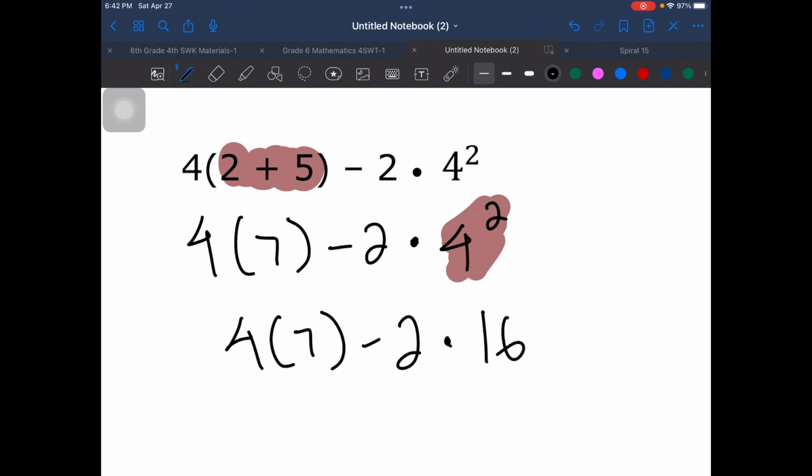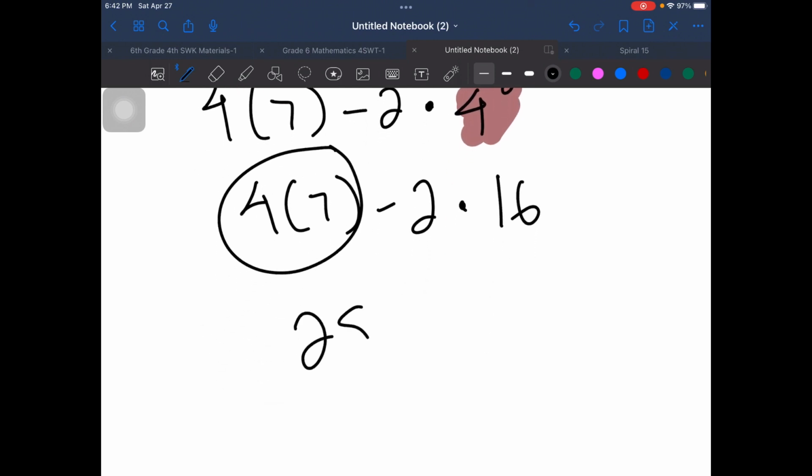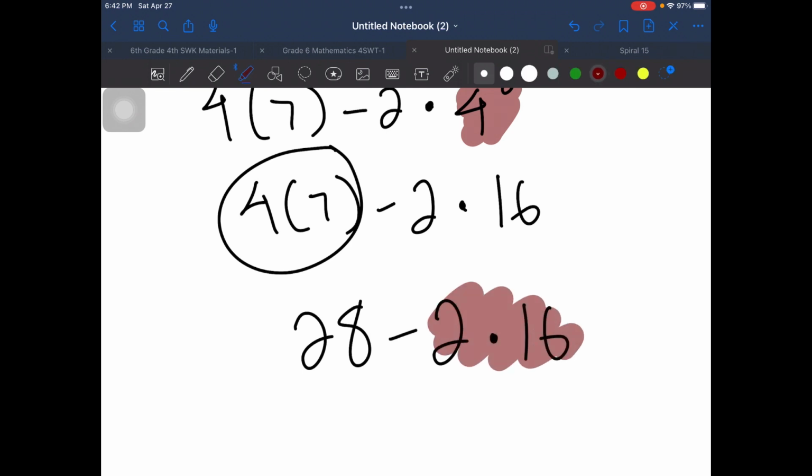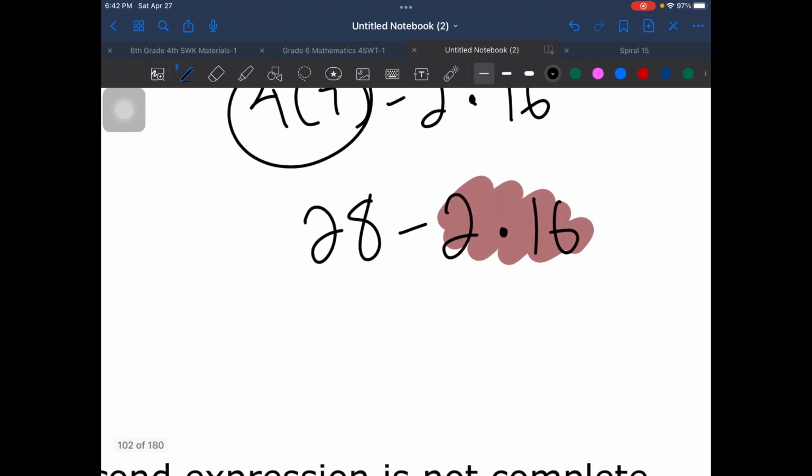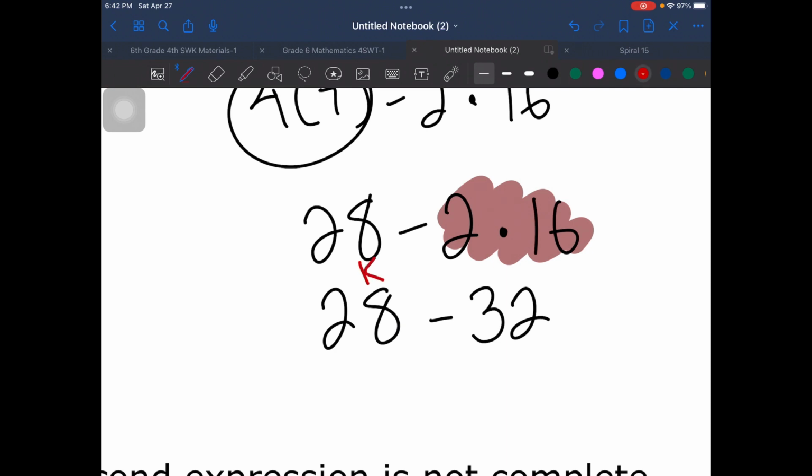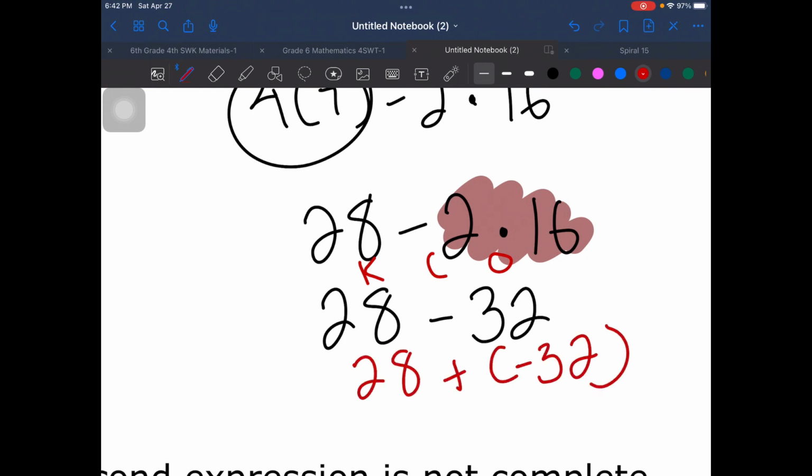Lo que sigue, como las dos son multiplicaciones, lo primero, which is 28. Lo que sigue, la multiplicación otra vez, which next is multiplication. 28 minus 32. Now, when I'm subtracting a bigger number, KCO, 28 plus negative 32.